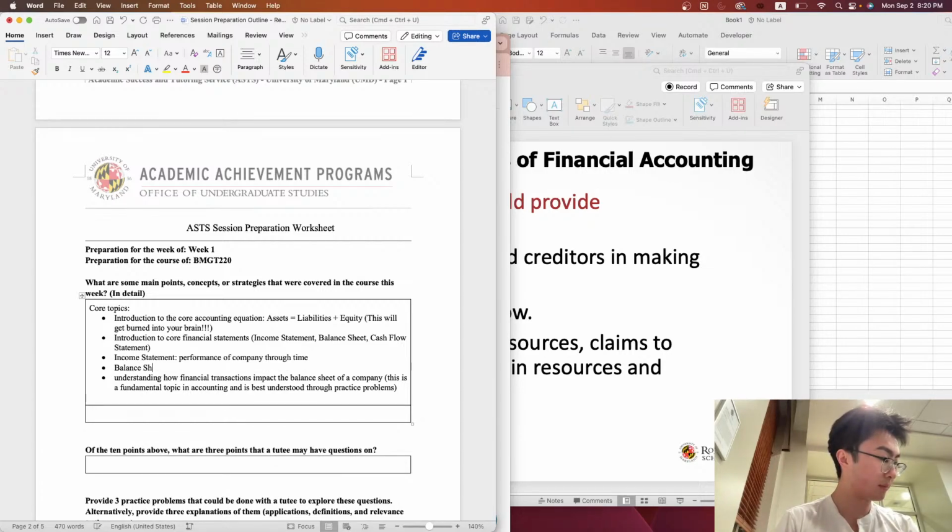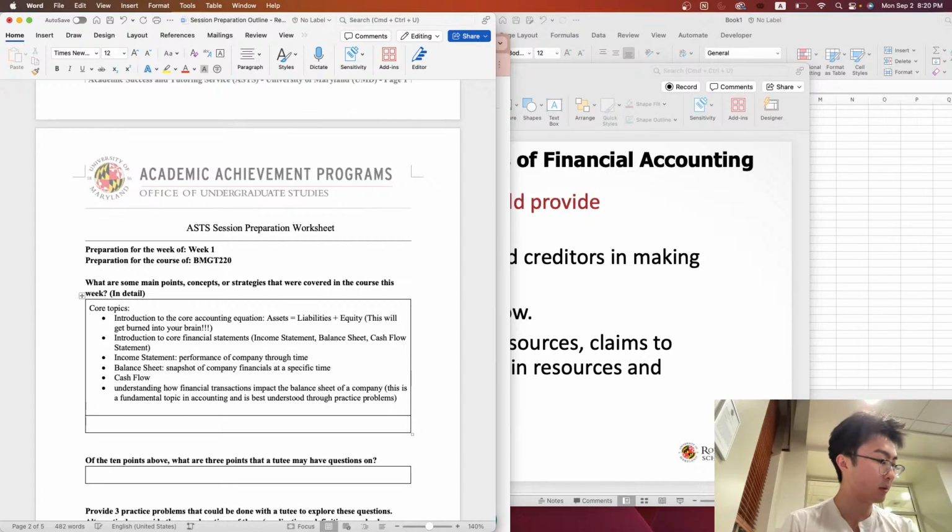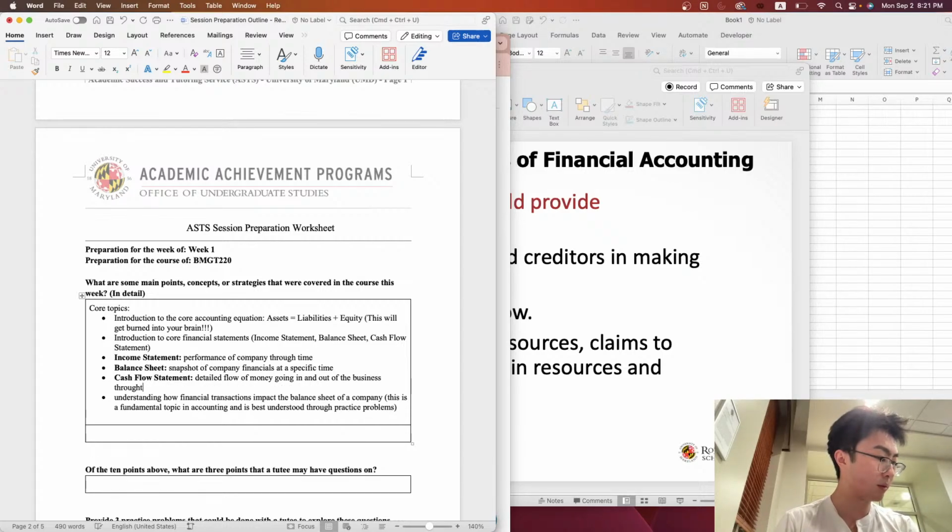Balance sheet: snapshot of the company's financials at a specific time. And then cash flow statement: detailed flow of cash, money going in and out of the business through time.